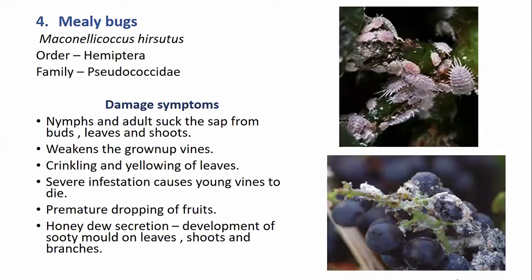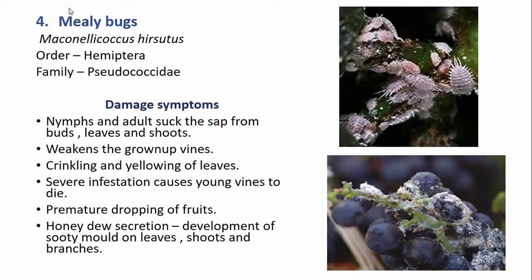Then mealybug. Maconellicoccus hirsutus is the mealybug, order Hemiptera and family Pseudococcidae. Damage symptoms: mealybug nymphs and adults suck sap from the buds, leaves and shoots. Mealybug has piercing and sucking mouthparts, so it sucks sap from the leaves, causing weakness of the plant.